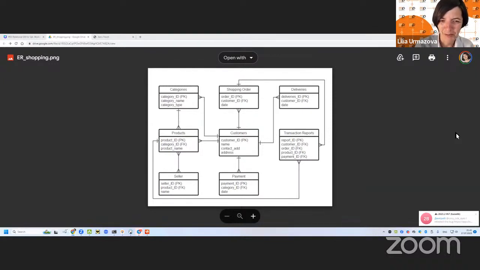So an order should contain one to several products and some type of payment. And payments should be in a different table, of course, like a payment log.